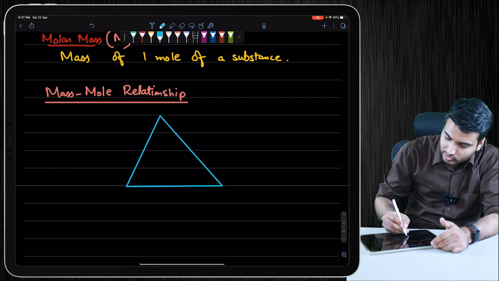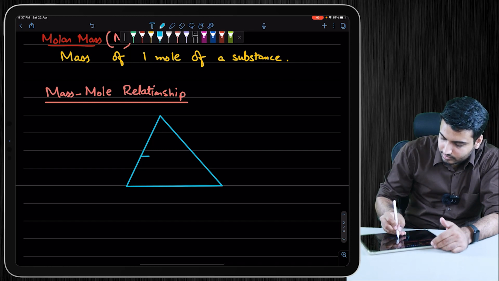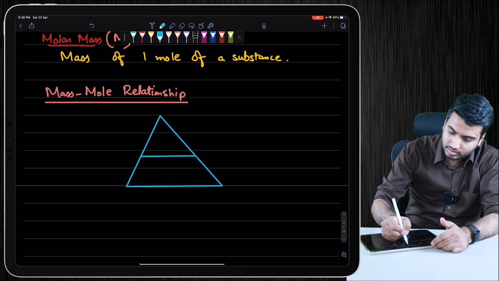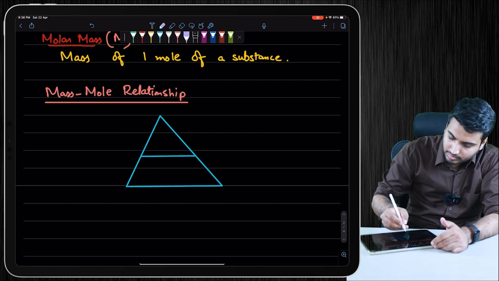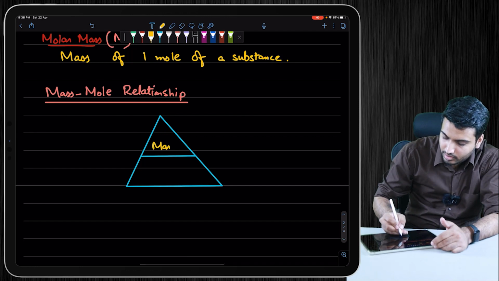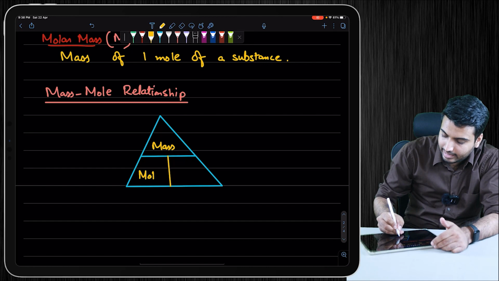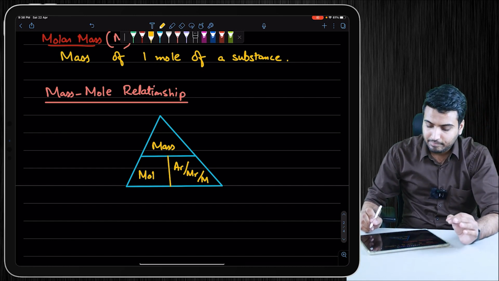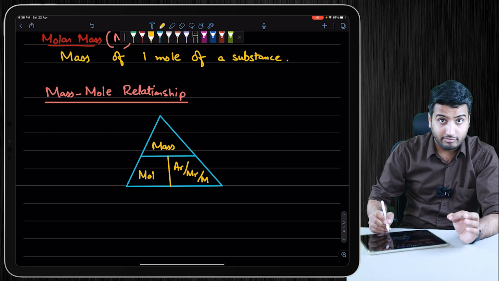So I have this triangle in which we have mass on the top, here we have mole, and here we have atomic mass, molecular mass or molar mass.